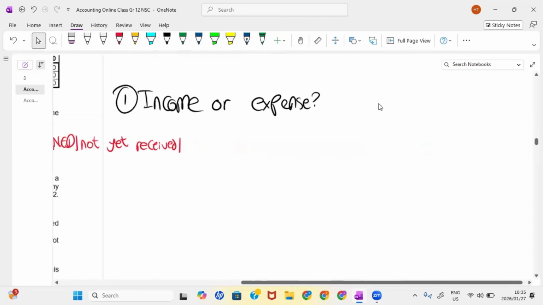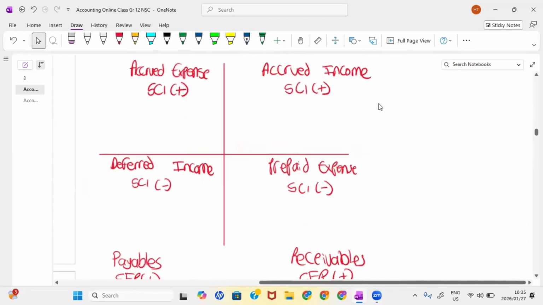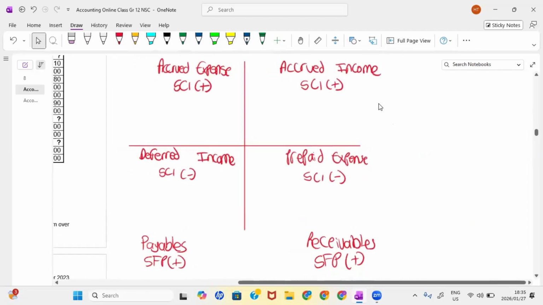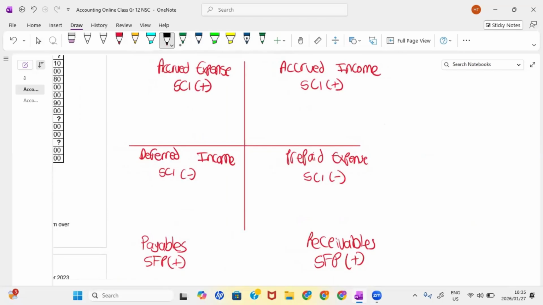So what do you do from here? Né? You get to this table here. You already know you are here, accrued income. So in the statement of comprehensive income, in your income statement, you will add the 41,000.